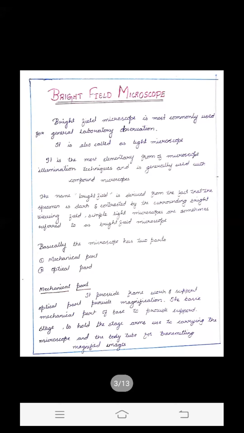Basically, the microscope consists of two parts, mechanical parts and optical parts. The mechanical parts, as we all know, are the base, stage, handle, and so on. They provide the framework and support the optical parts of the microscope.